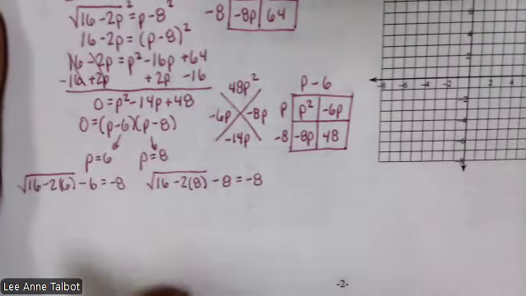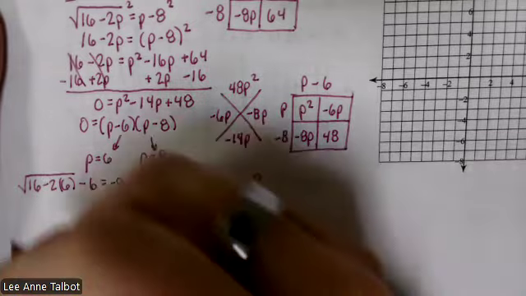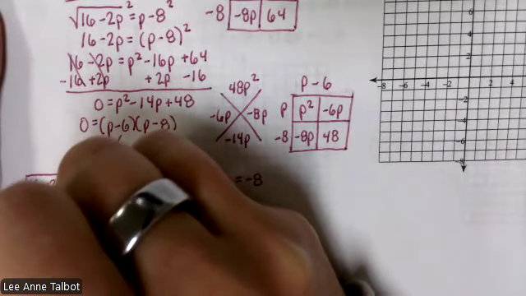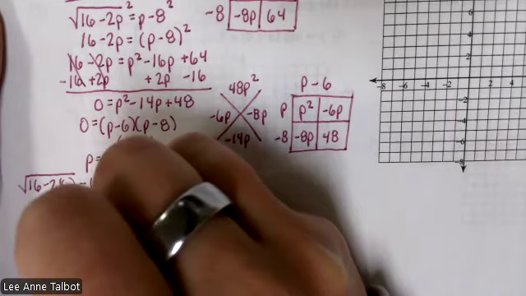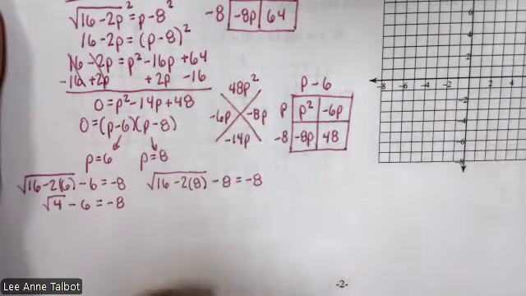Anybody check them already without me? 4. So this is square root of 4 minus 6 equals -8. That is false.